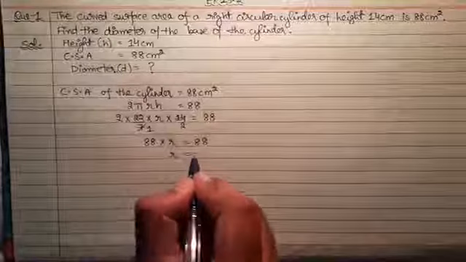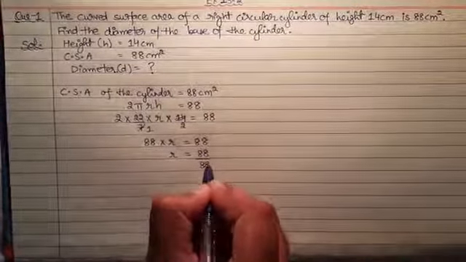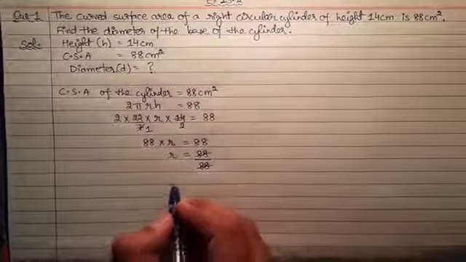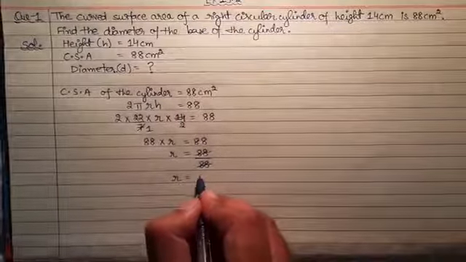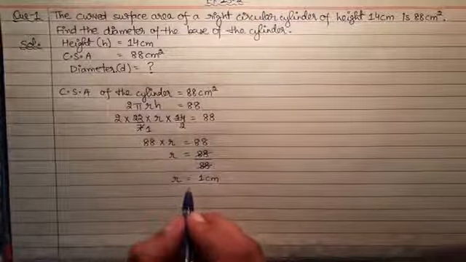R equal to 88 upon 88. 88 and 88 will cancel out. So we get radius 1 centimeter.